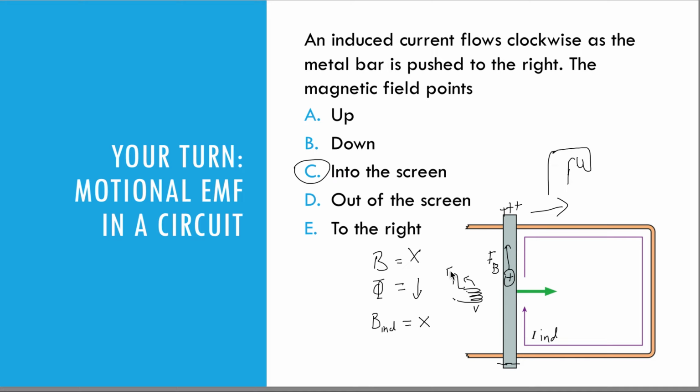Your thumb is the force. So that's another way to see that the magnetic field had to be into the page in order for the magnetic force to be upward, so that the charge separation would be this way, so that the induced current would be clockwise. So that's it for the couple of your turn questions related to motional EMF.